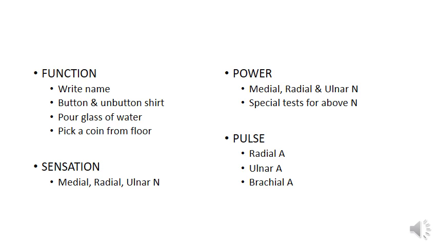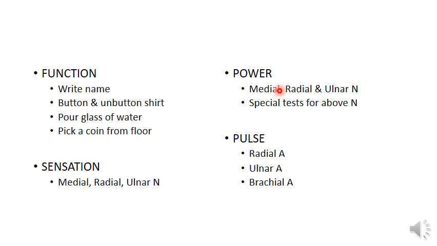After this, we will be doing certain functional aspects like asking the person to write a name, button and unbutton his shirt, pour a glass of water, pick a coin from the floor. We will then do the sensory examination over the hand: the median nerve on the palmar aspect of the lateral 3.5 fingers, the radial nerve usually on the dorsal aspect, and the ulnar nerve on the medial 1.5 fingers.